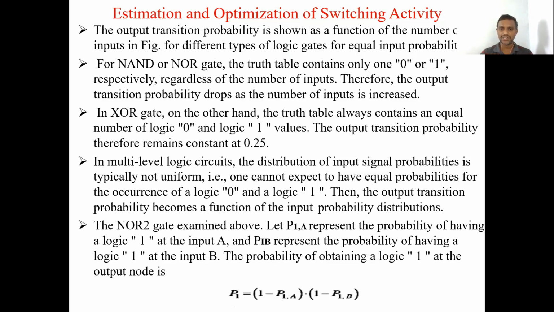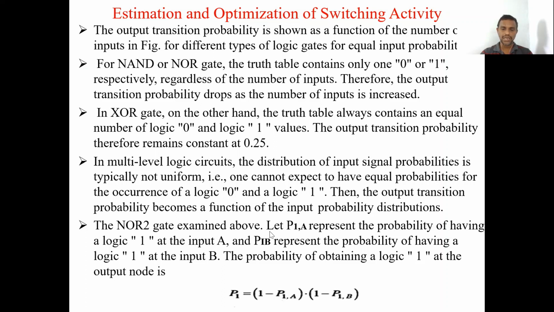One cannot expect to have equal probabilities for the occurrence of logic 0 and logic 1. Then the output transition probability becomes a function of the input probability distributions. So at that point, how you calculate the probability of power consuming transition depends on the input signal probabilities also.